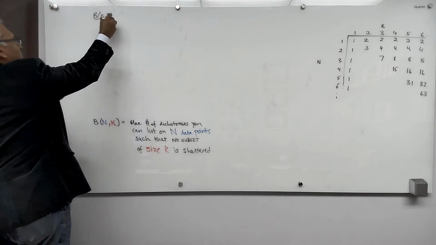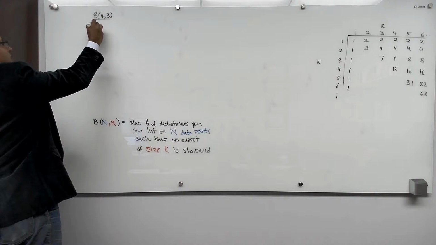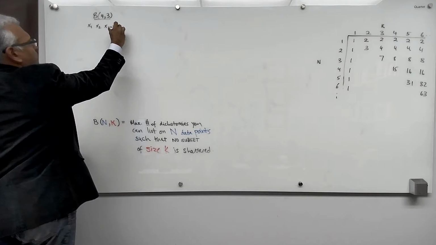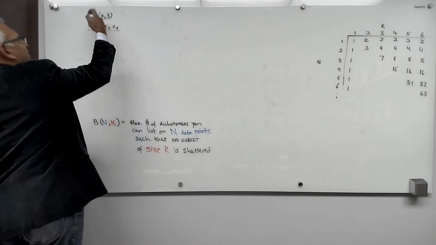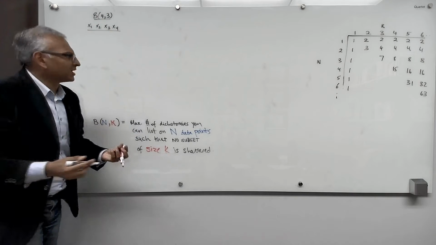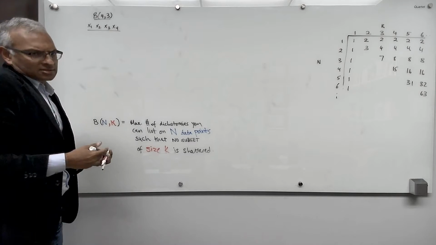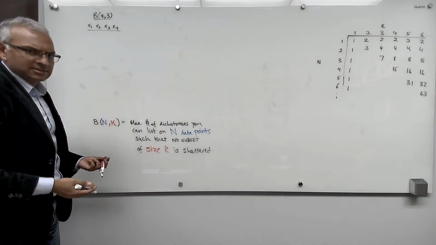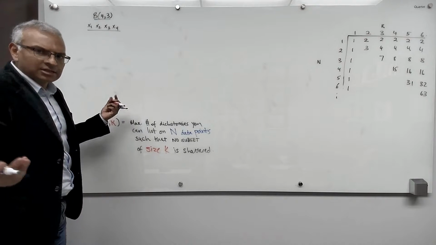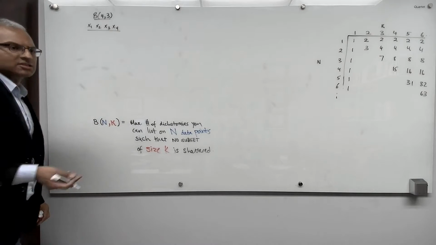Imagine I have my 4 data points, x1, x2, x3, x4. B of 4 and 3 is certainly some number of dichotomies I can list, and that will be the maximum. We may not know what it is, but it certainly exists.